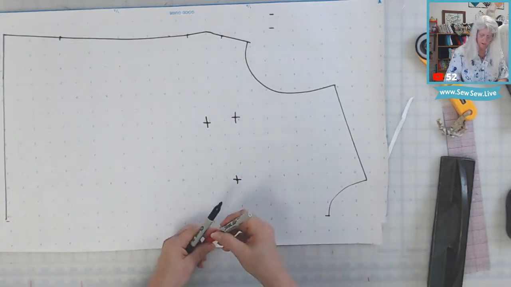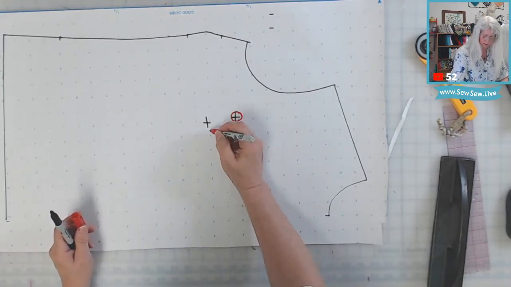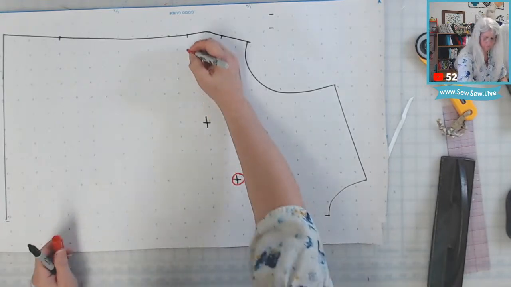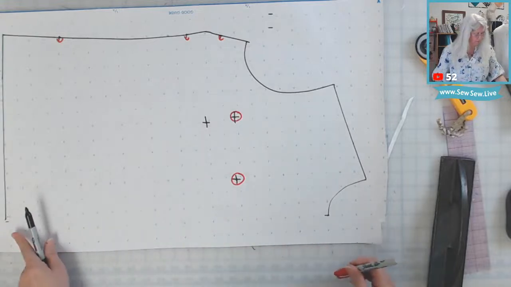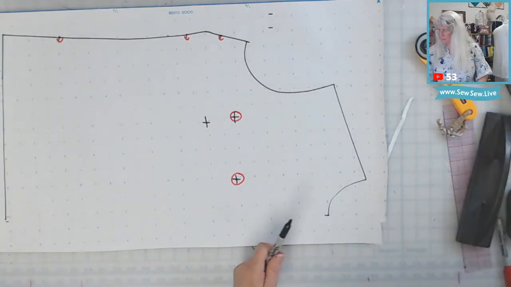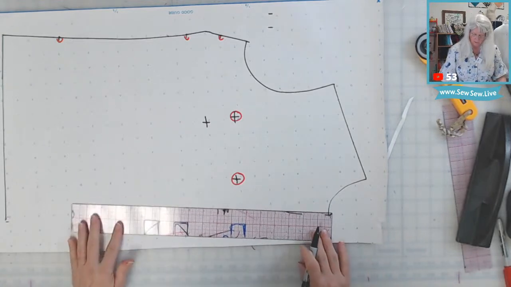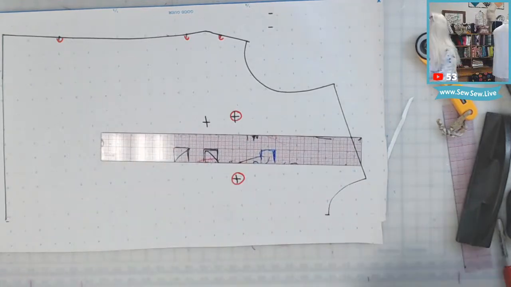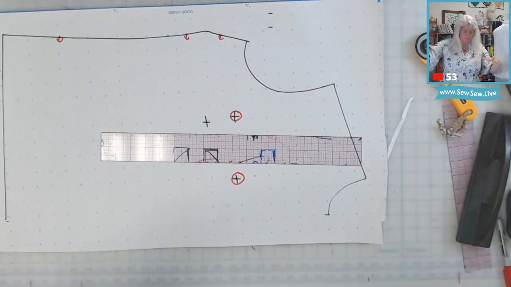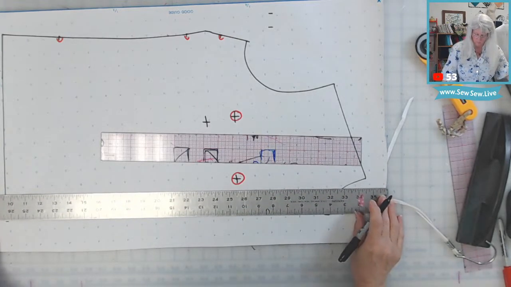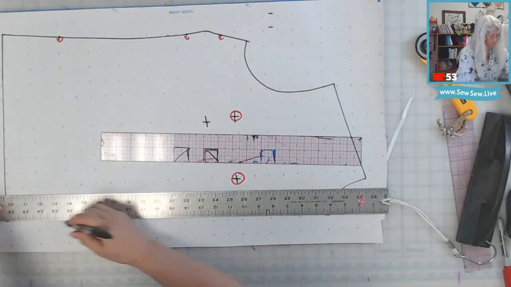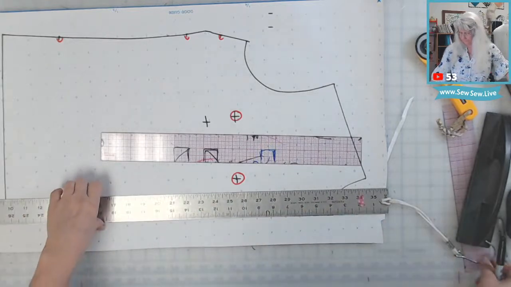This is my pocket right here, and this is my dart. All right, we don't really need that notch down there. We just need it so that we can draw in our center front line, which my ruler's not long enough for. We have our center front.